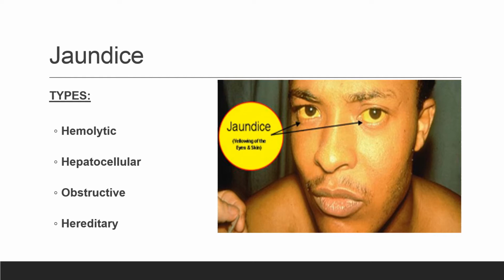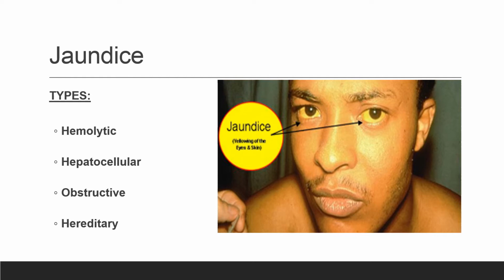So someone with a hepatocellular type of jaundice, their condition may be mild, in which the jaundice is not obvious, or it may be severe. If the person with hepatocellular jaundice also experiences headaches, chills, and fever, then it is suspected that the cause is viral.